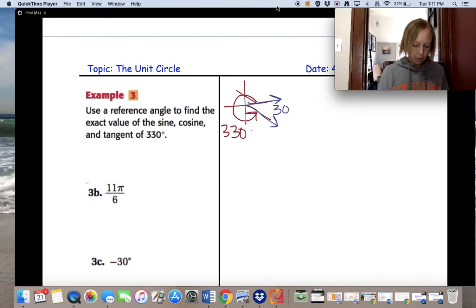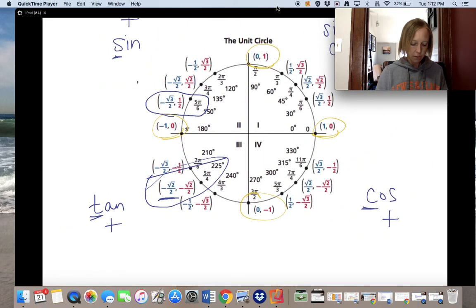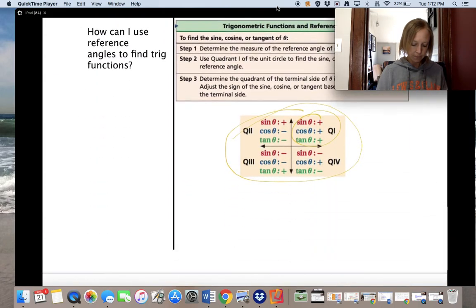I would have a reference angle of 30 degrees. So we can just look at that 30-degree part of our unit circle and not have to be looking all over the place. So flip back to our unit circle. Here's 30 degrees right here. I know my sine is 1/2. My cosine is square root of 3 over 2.